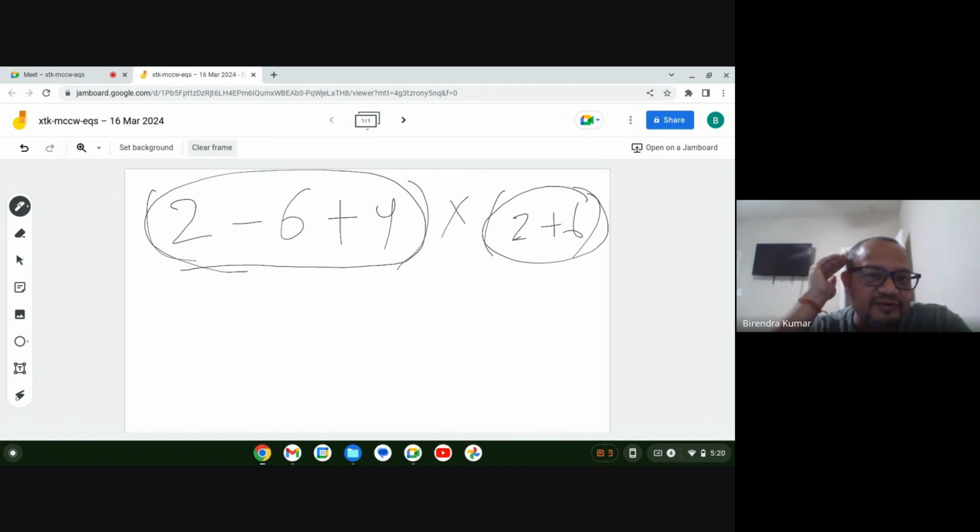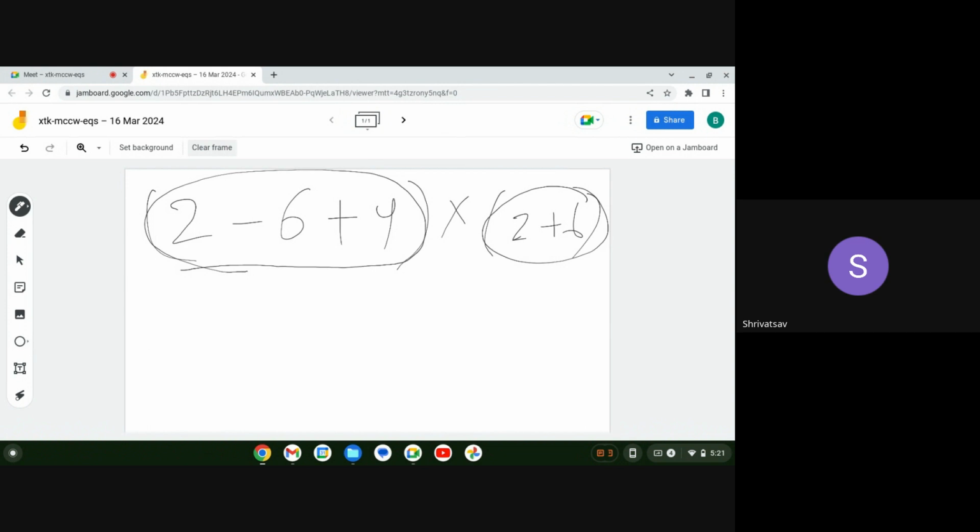If you get the process right, the chances of making a mistake are less. Then it's all a matter of practice. I'm not discouraging you from having the answer, but I don't get excited by hearing the answer. I'm more excited by hearing the process part of it.